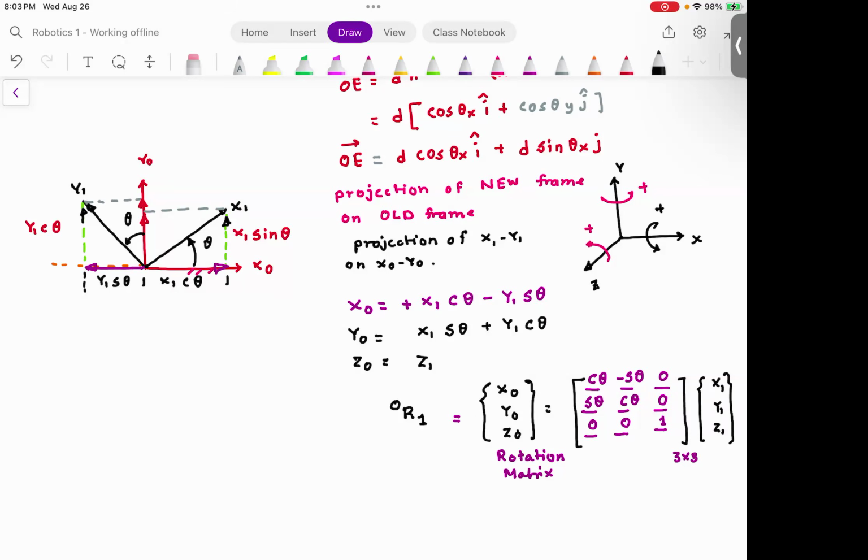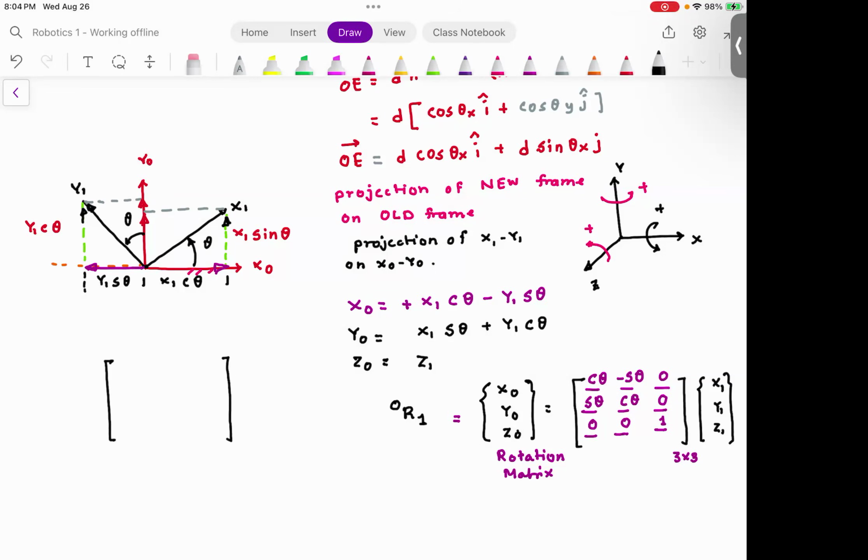Whenever you are deriving the rotation matrix, be extremely careful about the positive and negative signs, because one of the projections is going to be negative. There is an alternate way of solving this problem, and this is not given in the books. So this formulation is given in the books.